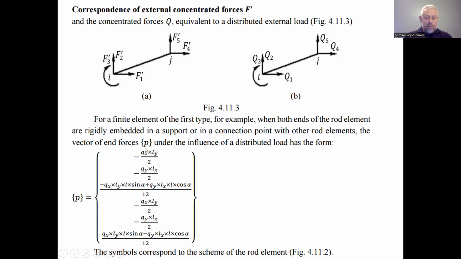This is understandable because if we take the total of these two components, we will have the total projection of the distributed force, equally distributed between the supports. And this is the moment.